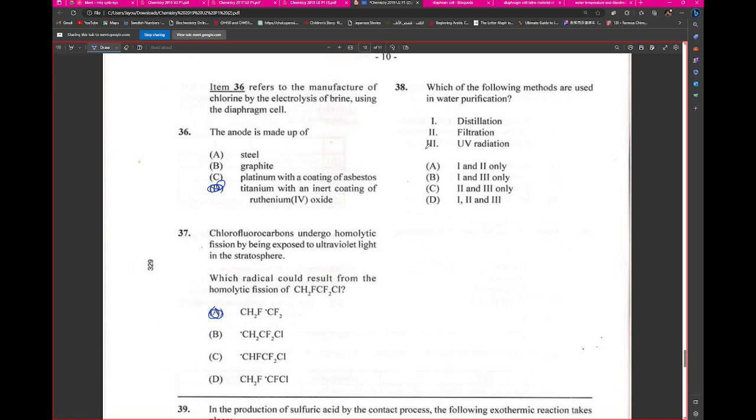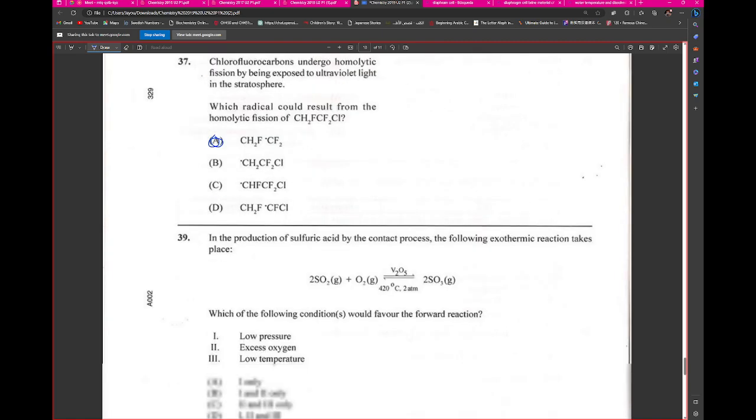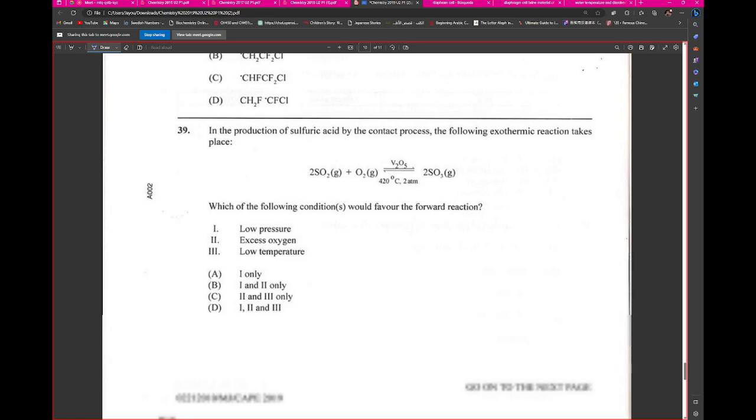So 30, which of the following methods are used in the purification of water? Can you guys hear me and see the screen? Yes, sir. All right, 39, the production of sulfuric acid by the contact process is an exothermic reaction. Which of the following conditions would favor the forward reaction?